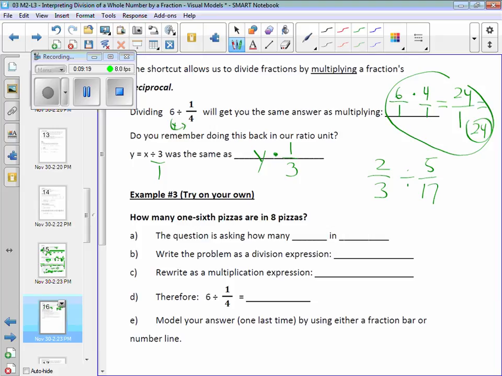But if you keep this the way it is and multiply by 5/17 reciprocal, you will get it right every single time. I have to do one more thing with this eventually, and we'll get to it, and that's change it back into a mixed number, because right now it's top heavy. But we'll get to it.